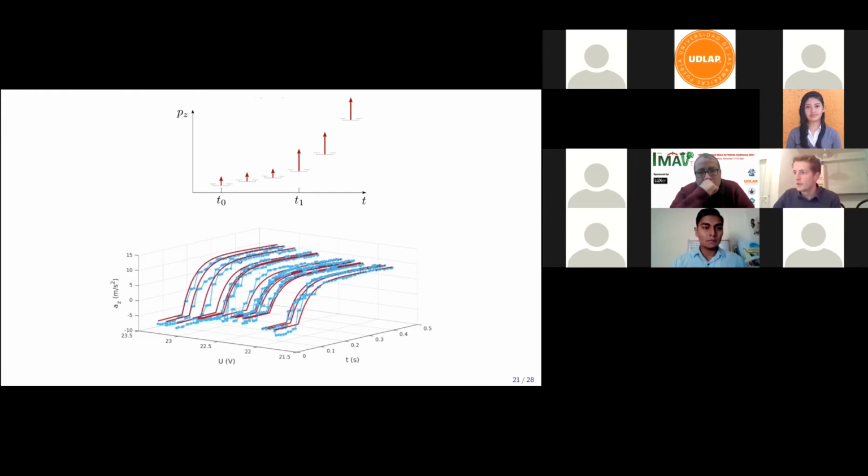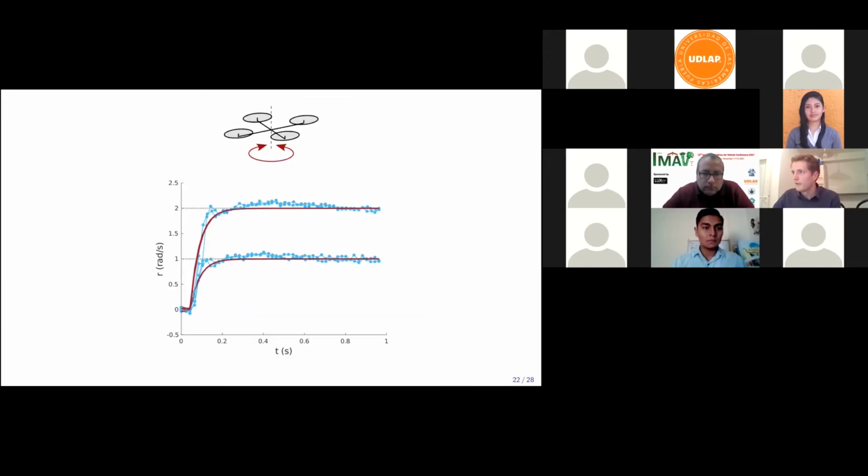Also note that on this plot, I'm only showing it for one regime, because if I show all of the measured data, then this plot will not be clearly visible at all. And then for the yaw rate, you see that there are some faster transients, transient behavior that is not really captured. But again, this is an approximate model because we're trading off complexity against accuracy. And then on a global level, this is approximated quite well.